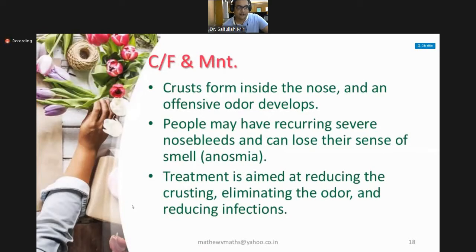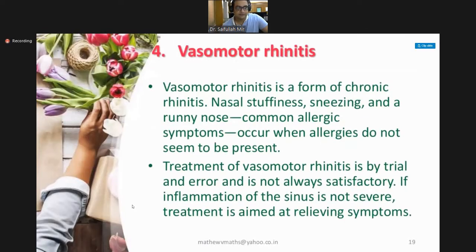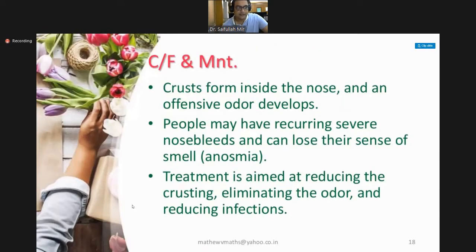So as we discussed, it has a very, very offensive odor, and people also lose their sense of smell. Treatment is aimed at reducing the crusting. You reduce the crusting by taking 25% glucose mixed in glycerin, and you paint or drop it into your nasal cavity.